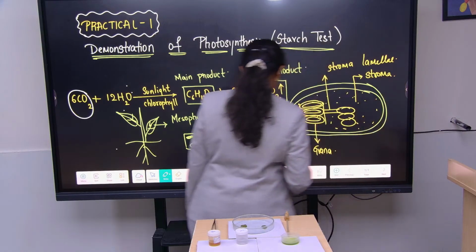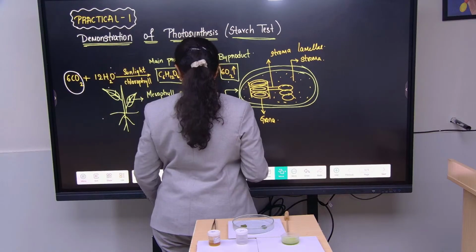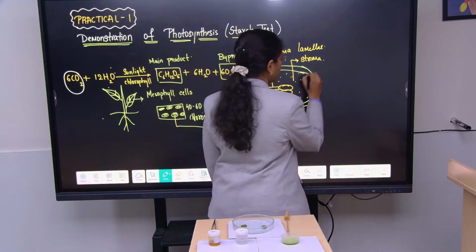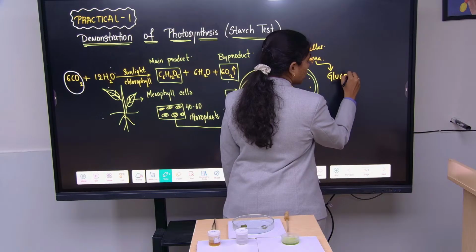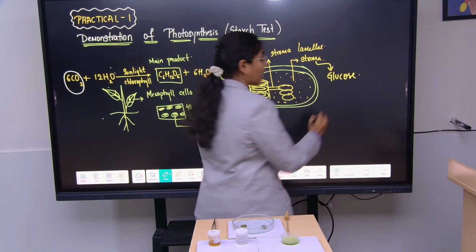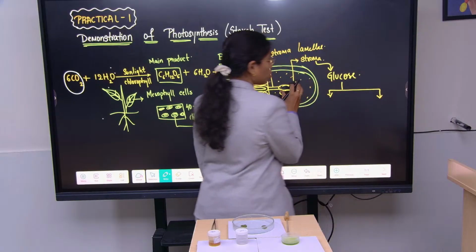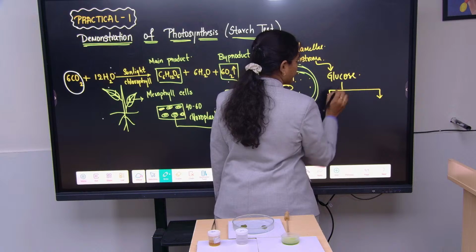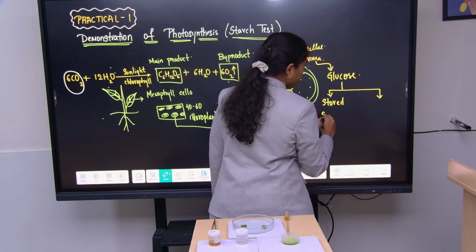We all know inside the stroma glucose is formed, right? The main product which is formed in stroma is glucose. This glucose, if it has to be stored as food material in the stroma, will be stored in the form of starch.